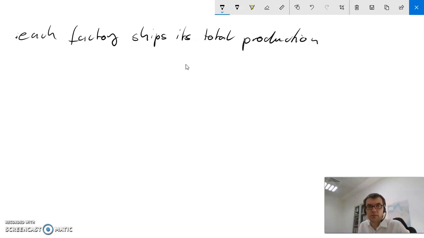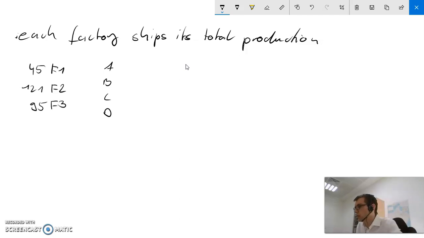In our example case we had 3 factories, F1, F2 and F3, and factory 1 had 45 cases production per day, factory 2 had 121 and factory 3 95 cases. And we had 4 customers, A, B, C, D.